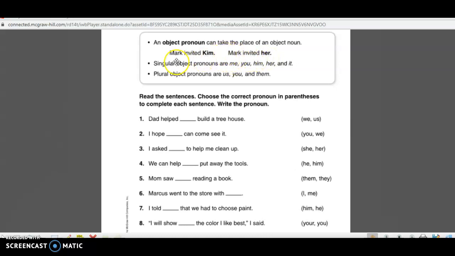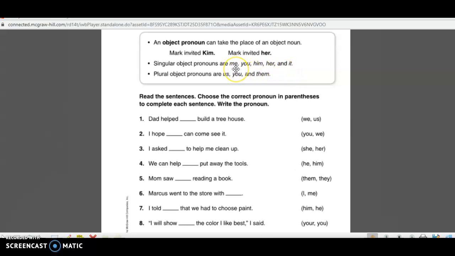So remember, when we're replacing something in the predicate, if it's a singular object pronoun, we're going to replace with me, you, him, her, or it. Notice that you and it are the same in subject pronouns as they are in object pronouns.